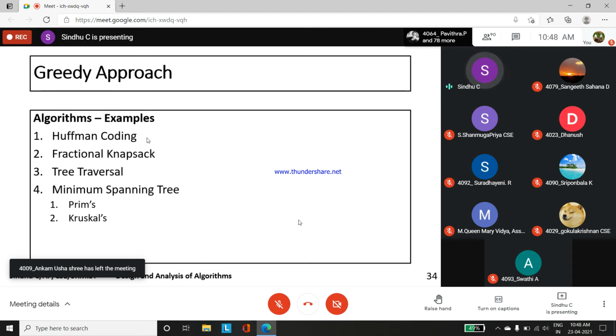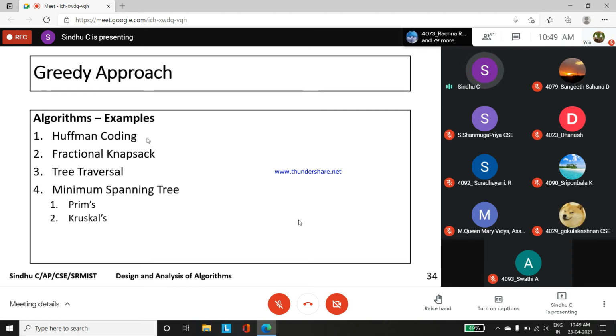Then you have fractional knapsack. So knapsack is a bag. Okay, where you have some set of elements in front of you, you want to take enough number of items so that your profit is better when you're placing the maximum number of items into your knapsack. And fractional says that the items can be divided.